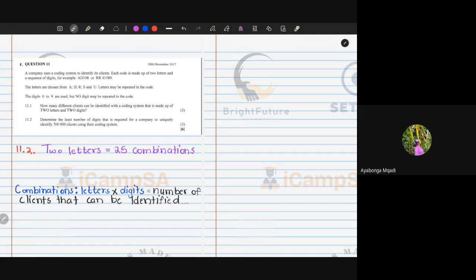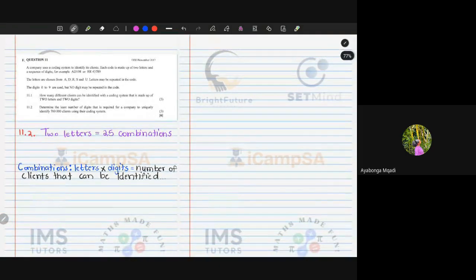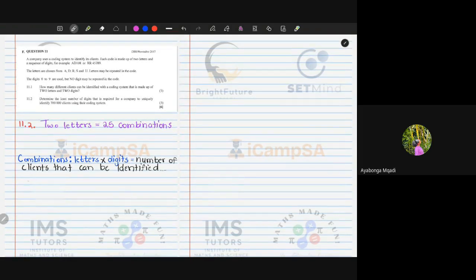So why is writing this important? The 2 letters they maintain, but now they are trying to figure out, if you want to accommodate 700,000 people, how many numbers should we put? So it means what we are going to have is 25 multiplied by X equals 700,000.